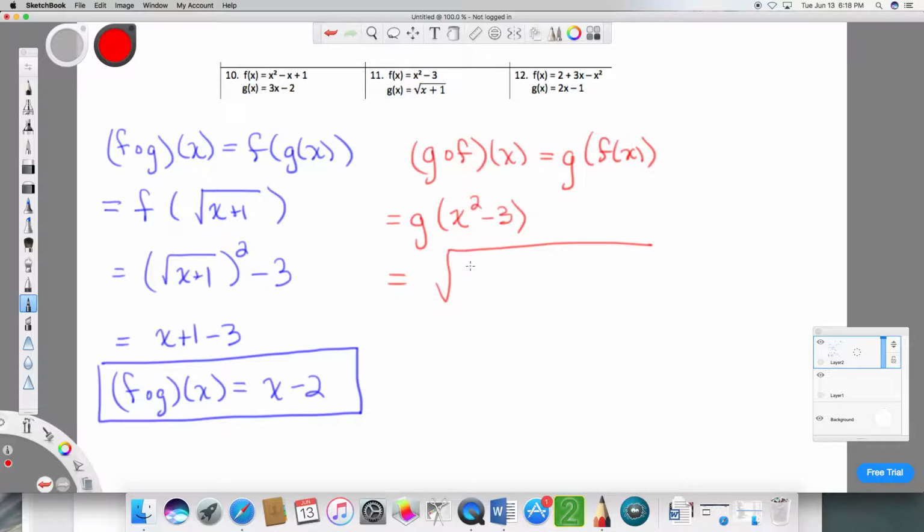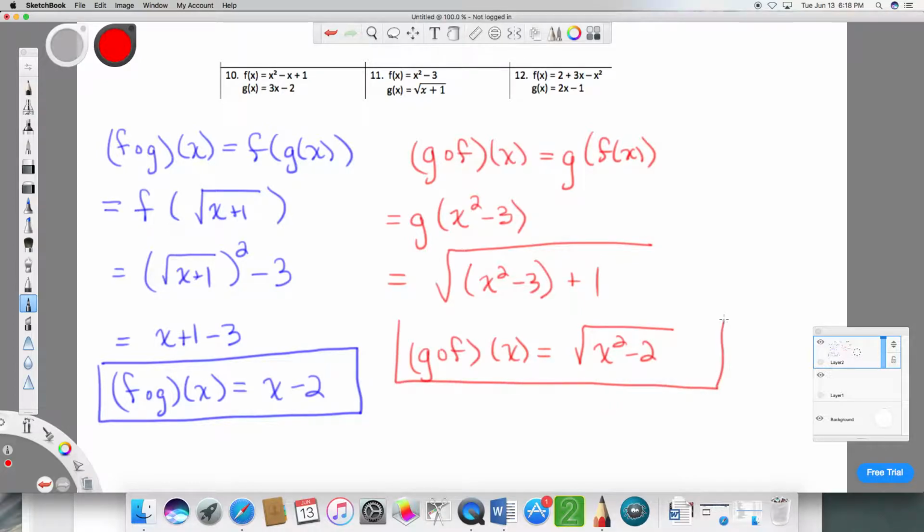The first term is always the input, and then it adds 1. So this time we have x squared minus 3. So our new function, g composed with f of x, is the square root of x squared minus 2. And we can't simplify that. So here's our final answers for number 11.